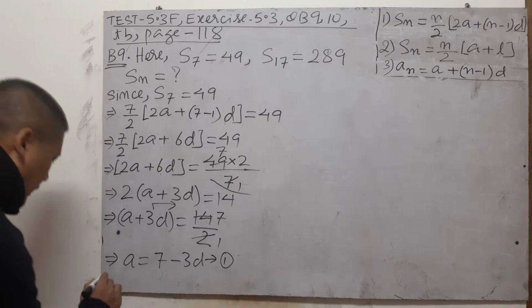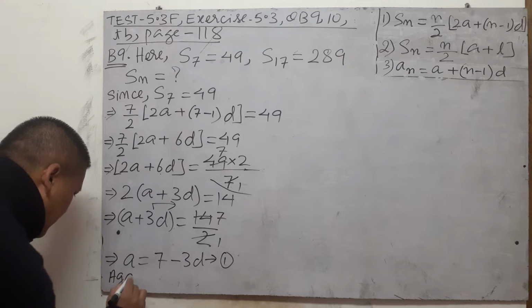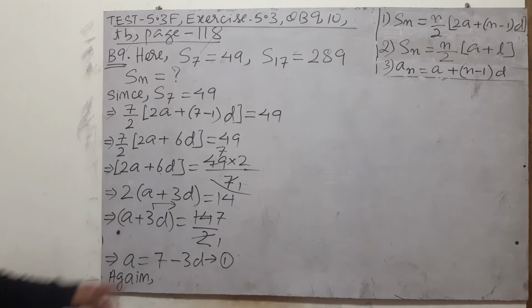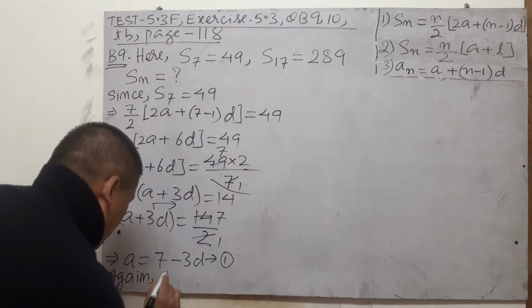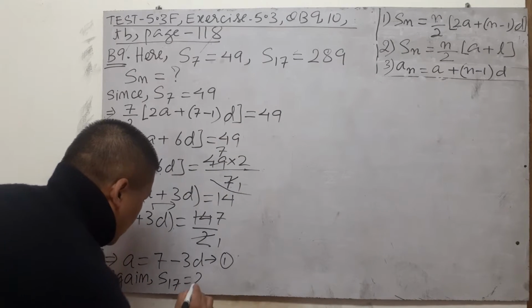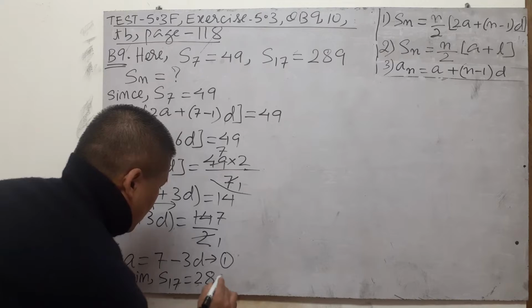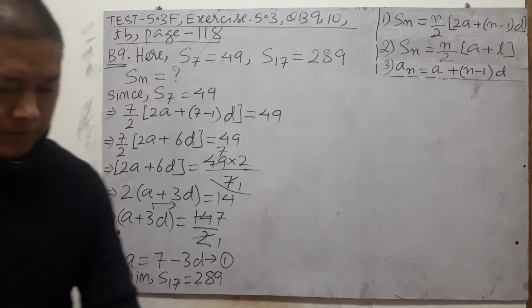Then again, another data is here: the sum of 17 terms is given as 289 in the textbook.